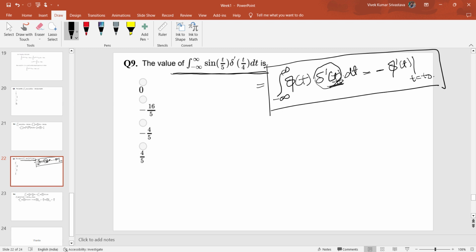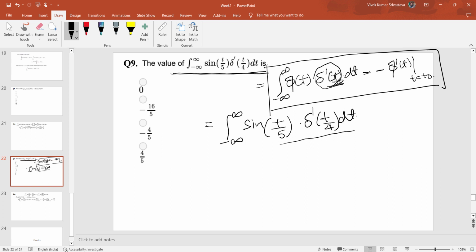So by just substituting here, minus infinity to infinity sine of t by 5 into delta dash of t by 4 dt. First of all, we will try to make this problem the same as this one, because here one factor, that is 1 by 4, is there.